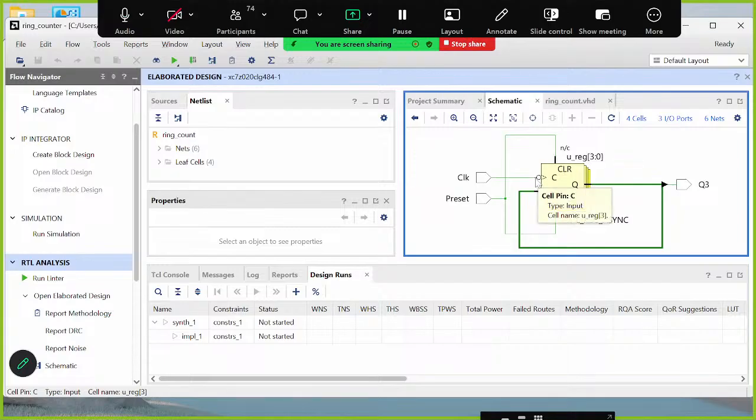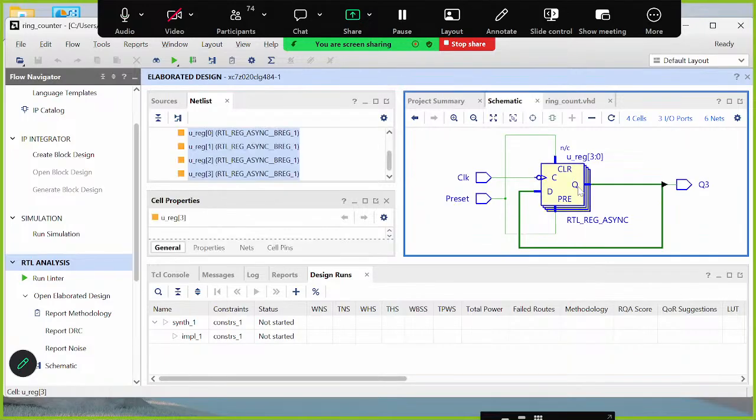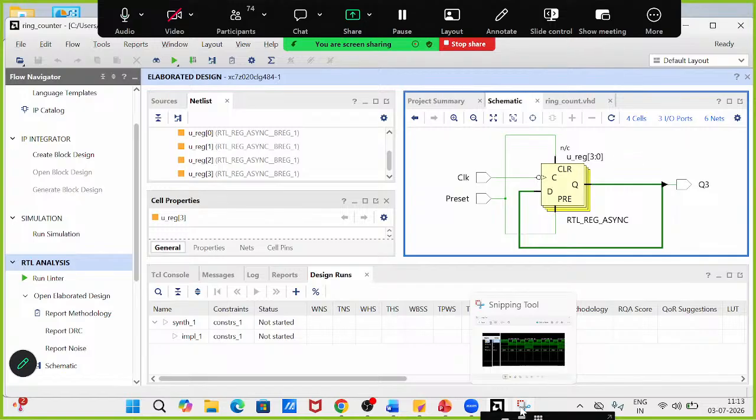Clear, clock, negative; preset also negative. It is also going into the first, but the rest of them, you can see, there are four such flip-flops available, but these are not shown side by side. Rather, they are shown in a stacked manner. So it is the same, similar architecture, but shown in a different manner.